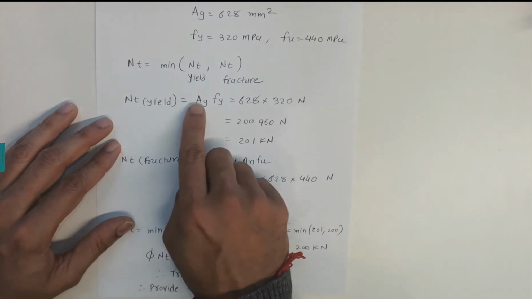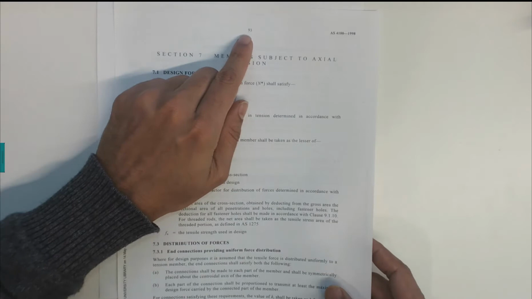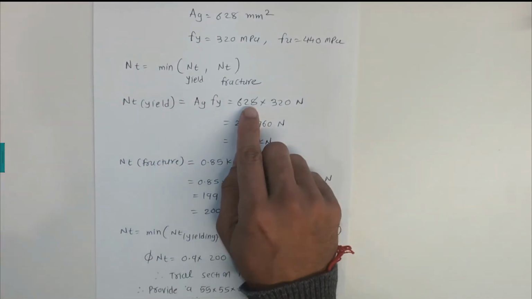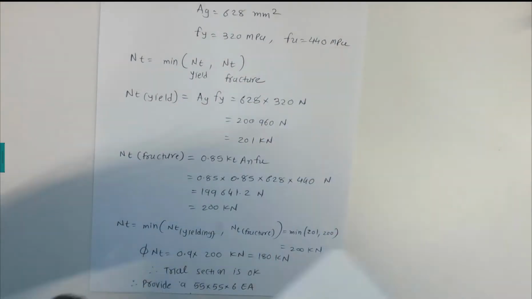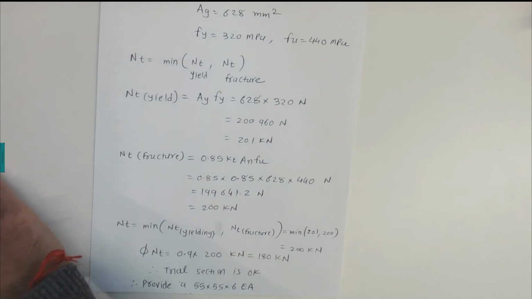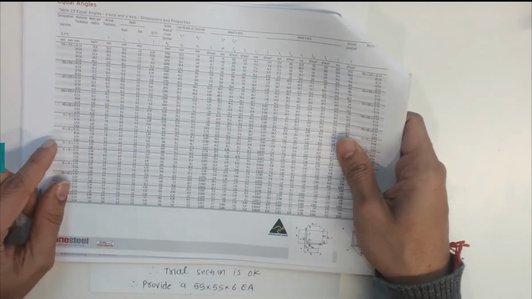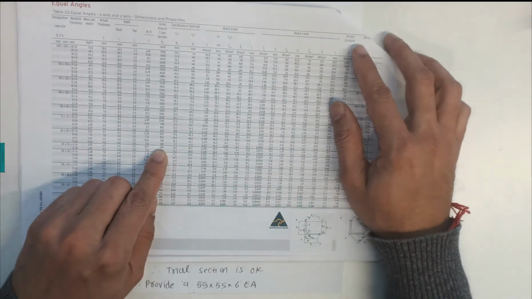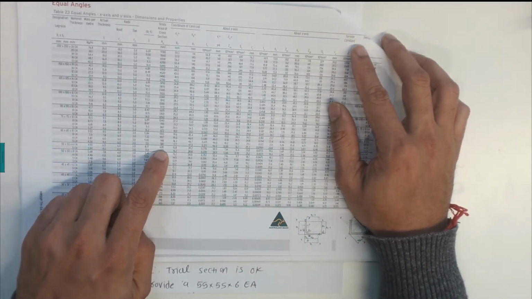For yielding it is Ag times Fy, taken from page number 93. The gross area is 628 millimeters squared, taken from the One Steel tables for the 55.6 EA.